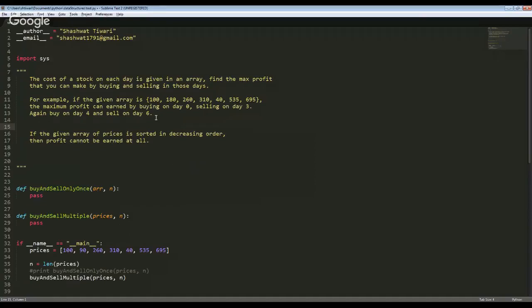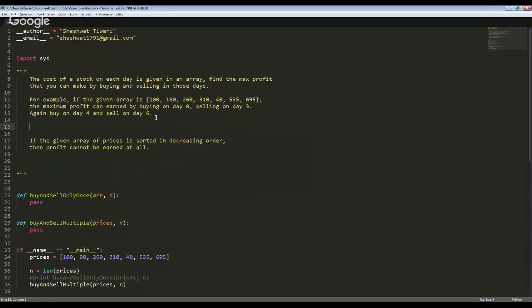Also, to make this question a little easier, and to check what your approach might be, an interviewer might give you an easier version of this problem, where you have to find the maximum profit, but you are just asked to buy and sell the stock only once, right?